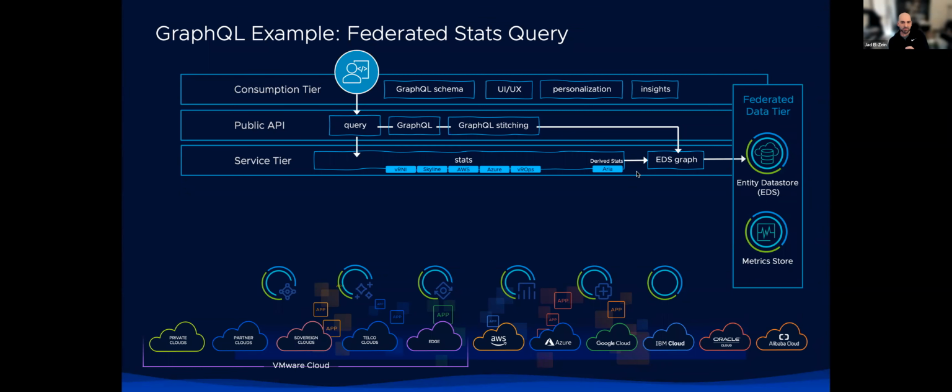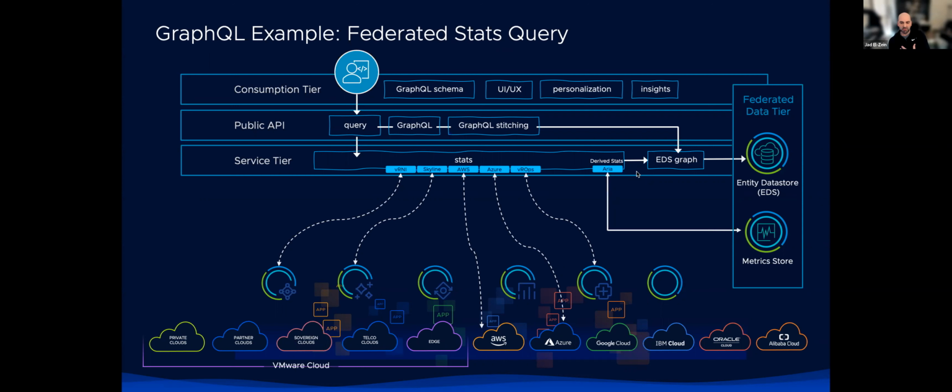Now, I've also asked for a lot of metrics. So we have a stats service that knows who owns all of those metrics, right? I'm not going to store CPU data if I'm looking for real-time metrics, because it's already expired by the time I've queried it. I need that live.